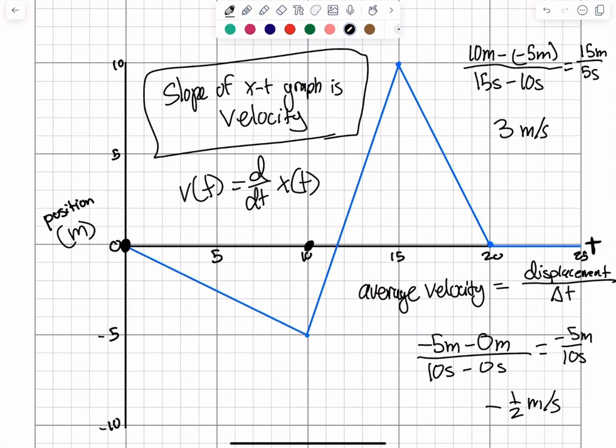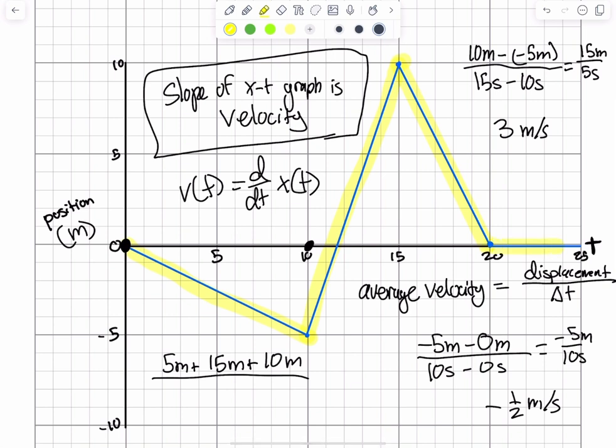The total distance traveled will be 5 meters from 0 to 10 seconds, 15 meters from 10 to 15 seconds, and then 10 meters from 15 to 20 seconds. There's no movement during 20 to 25 seconds, so we can disregard that in the numerator. We cannot disregard that in the denominator, though.